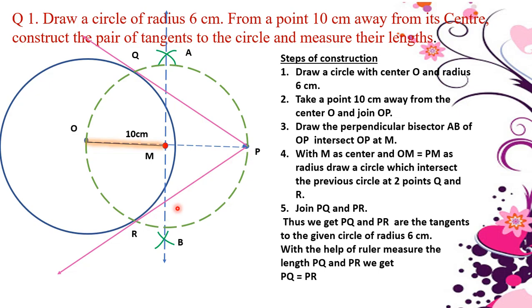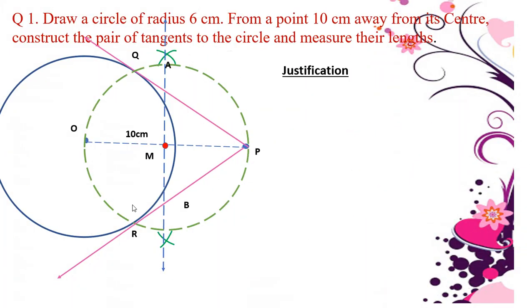Now let us justify this. As in the construction, Q and R are the points of contact, and PQ and PR are the tangents to the circle.